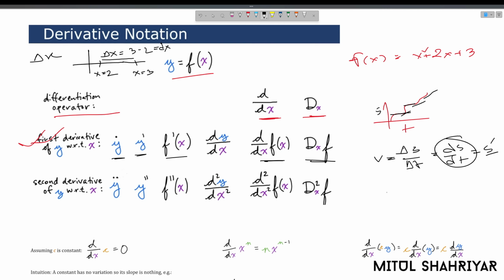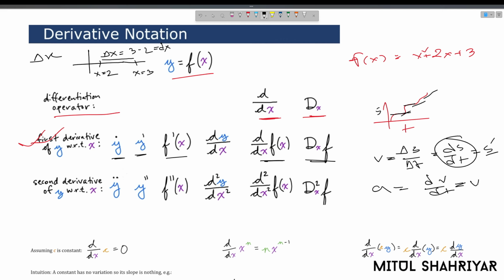And the second derivative which we had, a equals del v by del t, but as we know, we can already use d rather than del. We will use that. So a equals dv by dt, right?